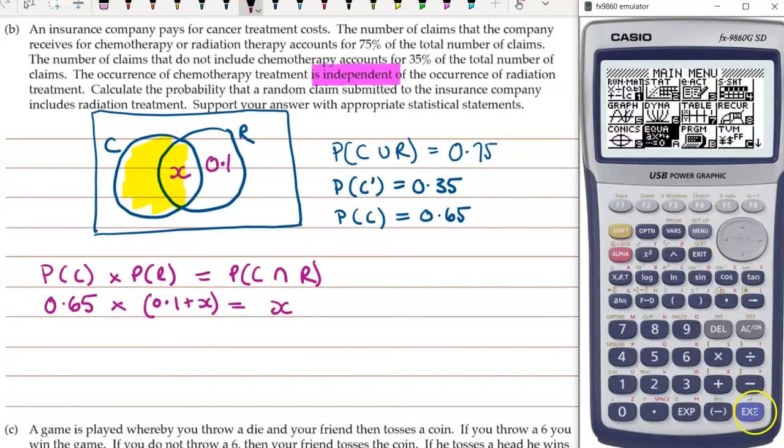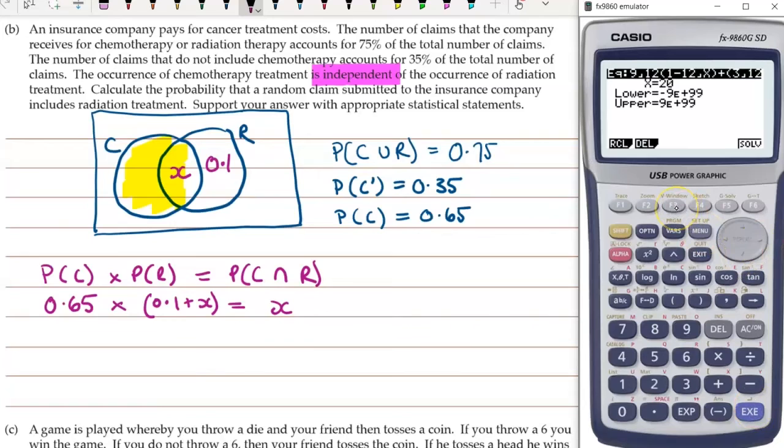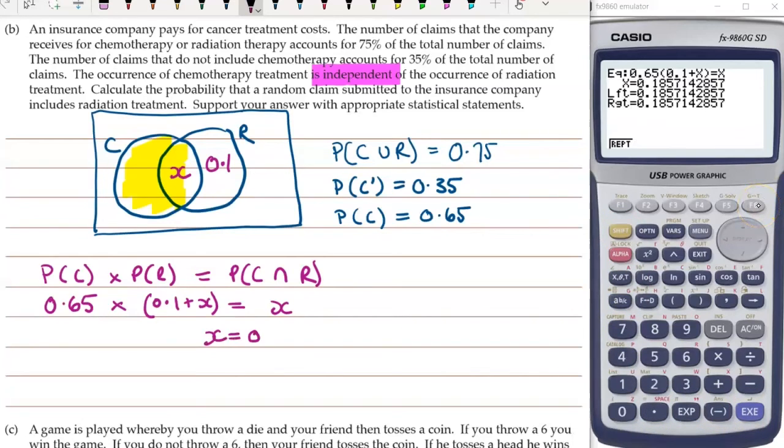Let's save ourselves some effort and go to the equation solver for this one. Let's just clear that out. Right, 0.65 times 0.1 plus X is equal to X. And solve. So X equals 0.1857.